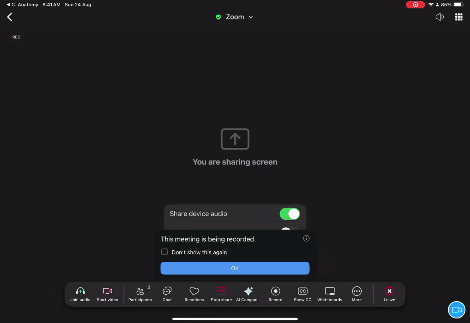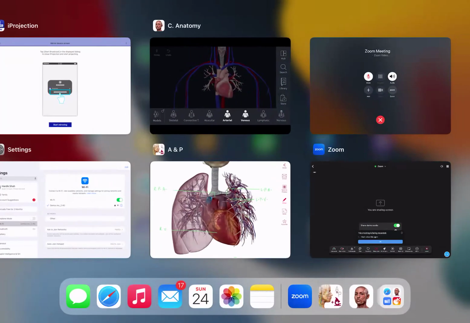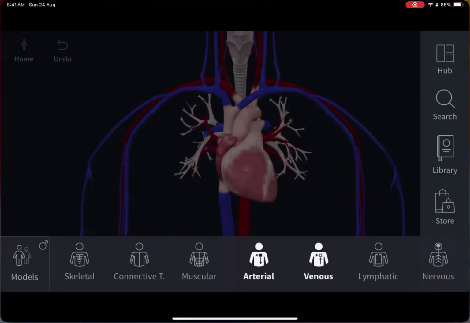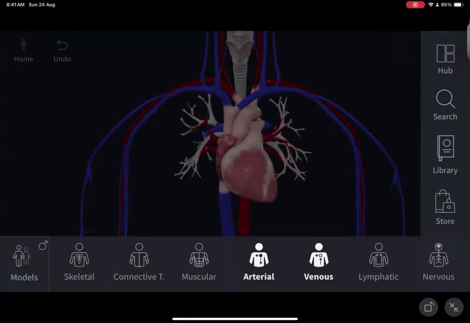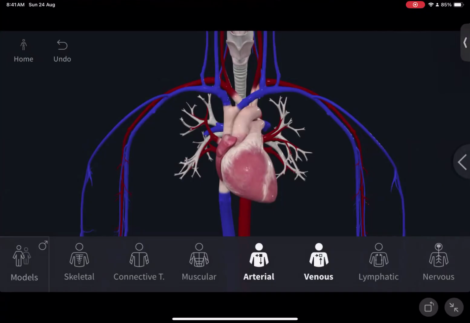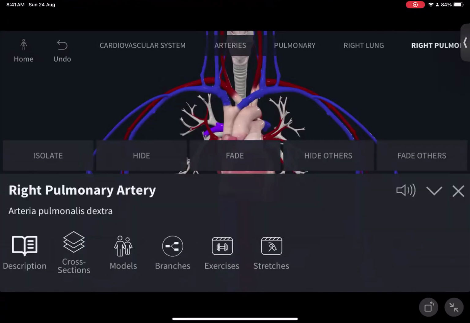I'll just select the pulmonary arteries first.